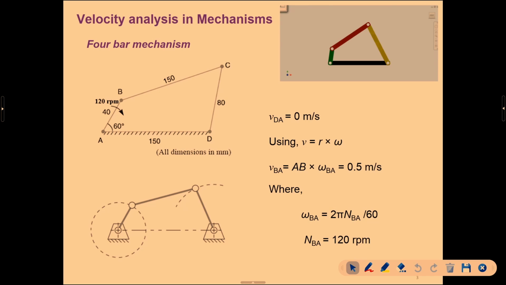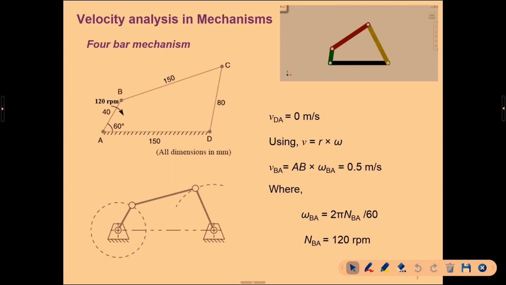Let us consider this 4-bar mechanism. If you have come across the types of mechanisms, this is the very first and very important mechanism, which has many applications even today. Now let us take this 4-bar mechanism where the link AD is fixed and link AB makes a complete 360-degree rotation in the clockwise direction, and its speed is given as 120 rpm, and links BC and CD oscillate and make a partial rotational motion.